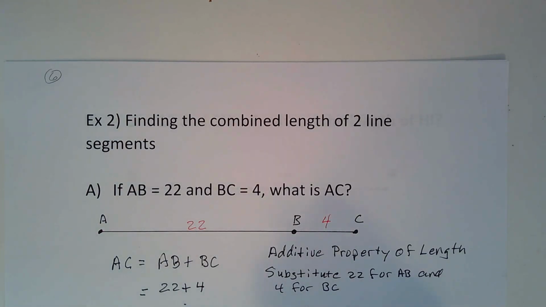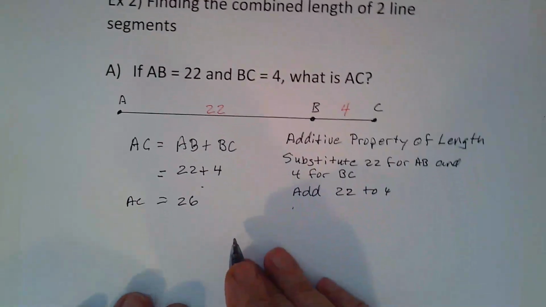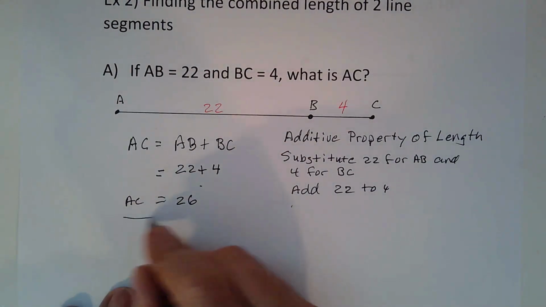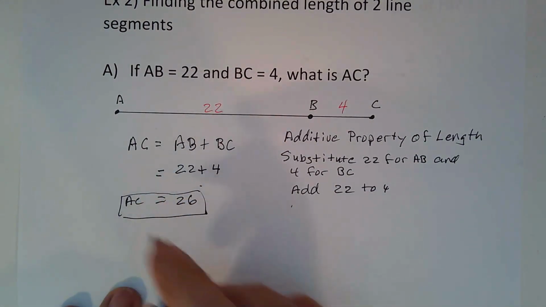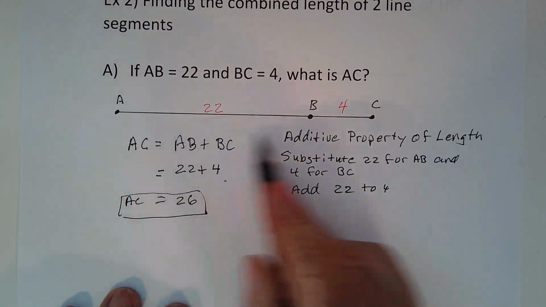So the length of AC, we added 22 to 4, and then we have the total, and the total is AC equals 26, which is your answer. So you've got your algebra explaining this.